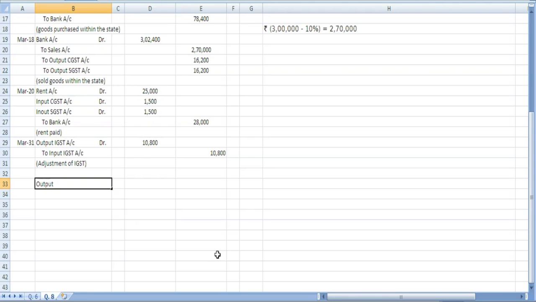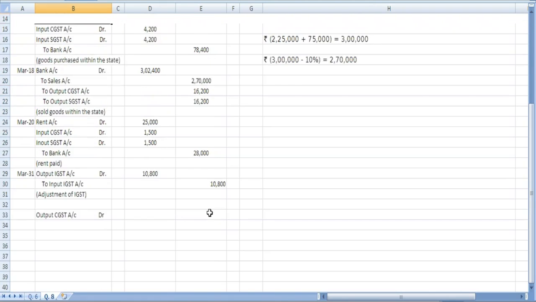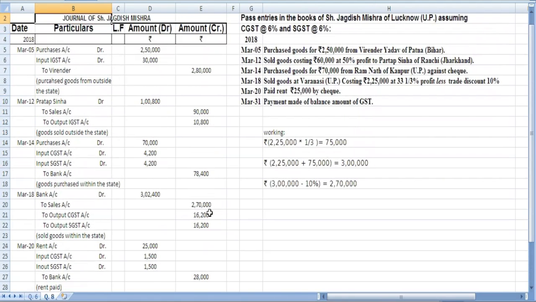So what we'll do here is output CGST account debit, and our output CGST, if we go up here, we have here 16,200. Now 30,000 is input IGST, what we have paid. We have collected 10,800, remaining is 19,200.